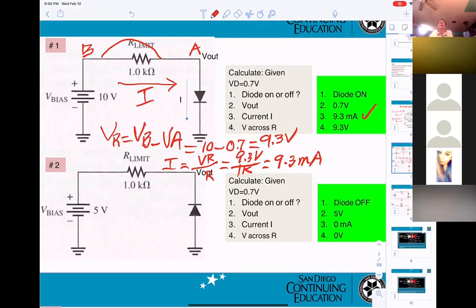And if they are on, what else do you have to do to solve the problem? That means you have to substitute the diode with a battery of plus or minus 0.7 volt. If they are off, that means the circuit will be open.